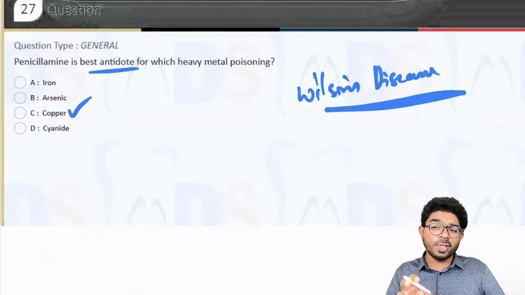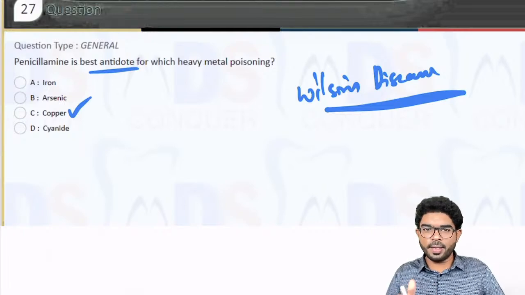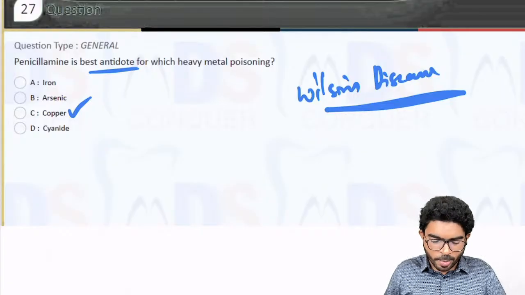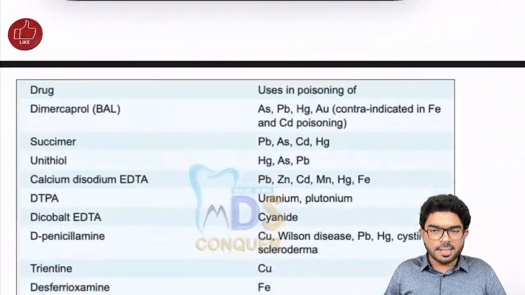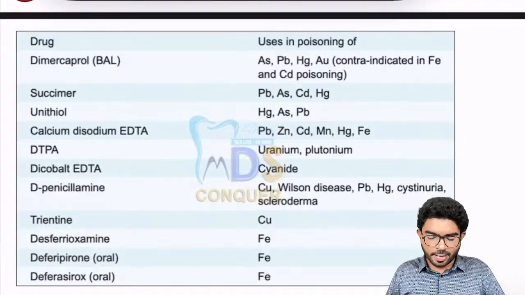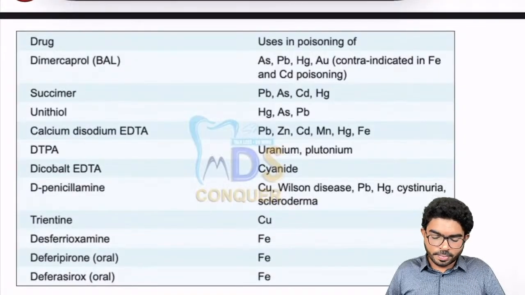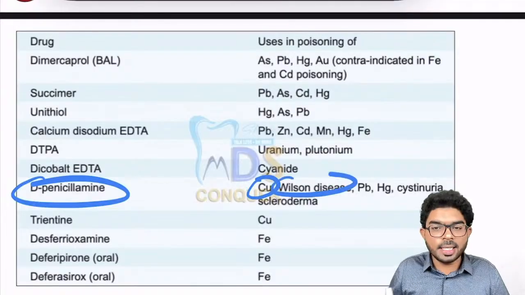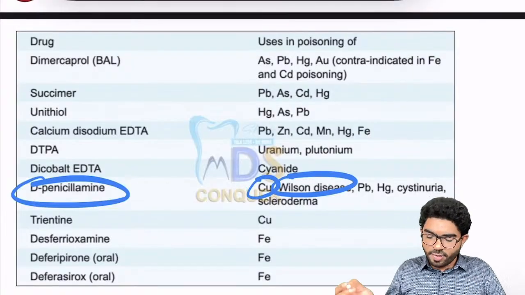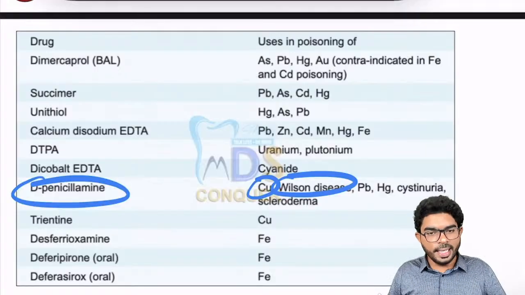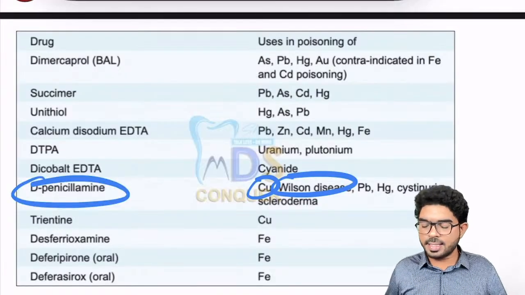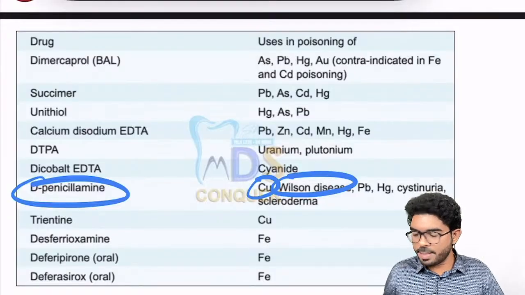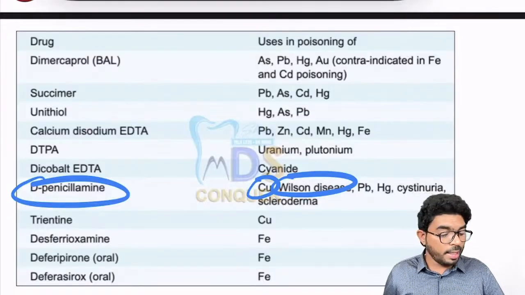So I need to remove that excess copper from the body by using an antidote called penicillamine. It's a straightforward question repeated so many times in the examination. This is the table I have given nicely. Of course, it has many other important indications, but I'm more concerned about Wilson's disease because paper setters love to give questions on it, repeated so many times in the examination till date.